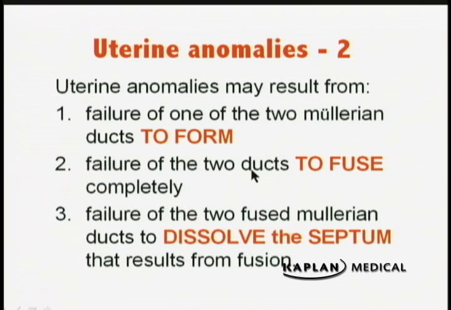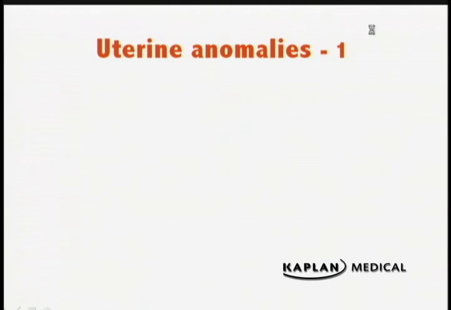And the third is the 2 Müllerian ducts formed, they fused, but the septum did not dissolve, and so we have a duplicated uterine cavity.